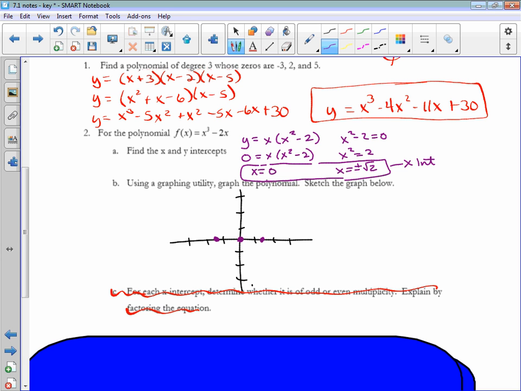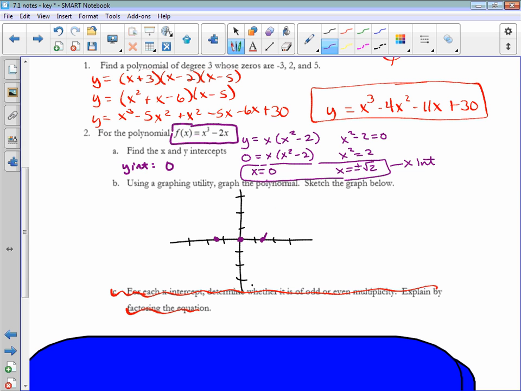Looking at my graph, do we already know our y-intercept also? What is our y-intercept? 0, yeah, so your y-intercept is also going to be 0. Then let's think about our end behavior. You can go back to the original one if you want to. Degree was 3, right? And it's positive, so what are my ends doing? Yes, okay, pointed the same way.